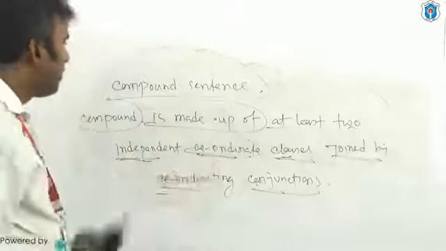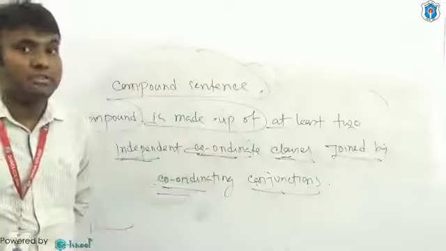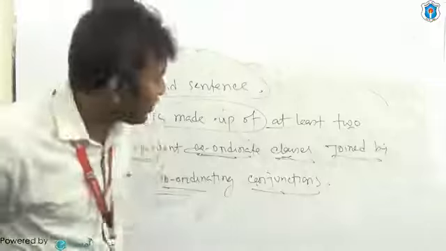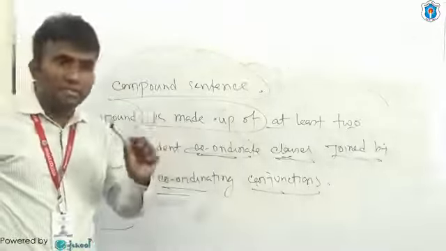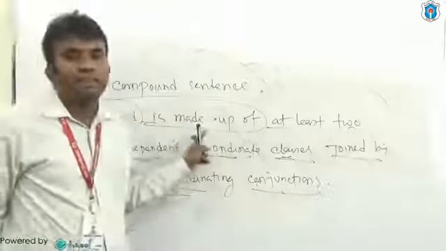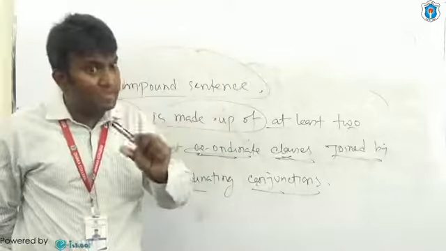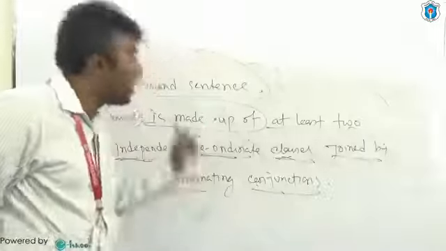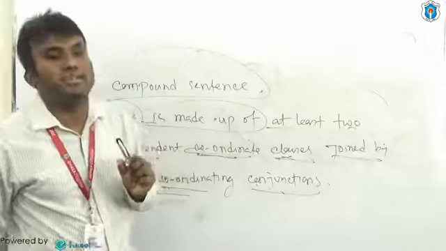Okay? Actually, don't get upset, dear students. In the meantime, we have learned principal clause. Actually, principal clauses are called coordinate clauses, but a principal clause becomes, or you can say principal clauses become coordinate clauses only when they are connected with coordinating conjunctions.